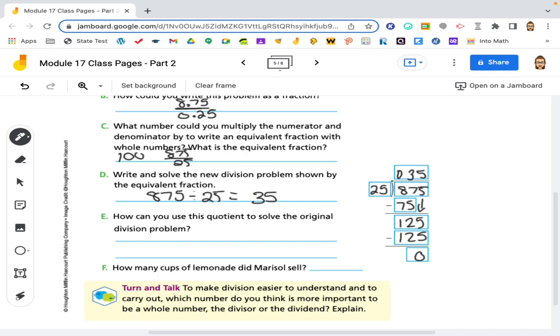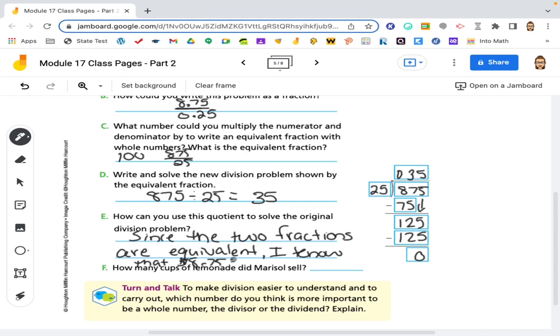Well, since the two fractions are equivalent, I know that $8.75 divided by 25 cents is also 35. So how many cups of lemonade did Marcel sell? 35 cups.